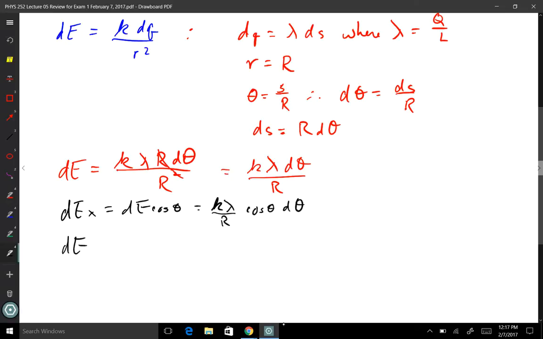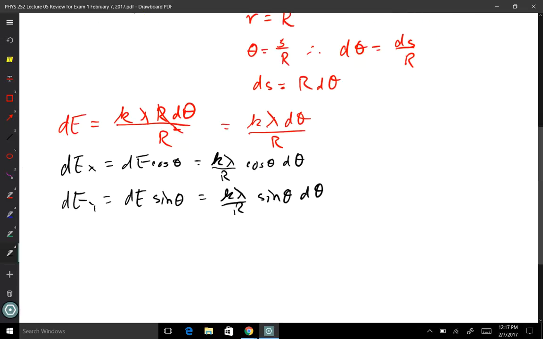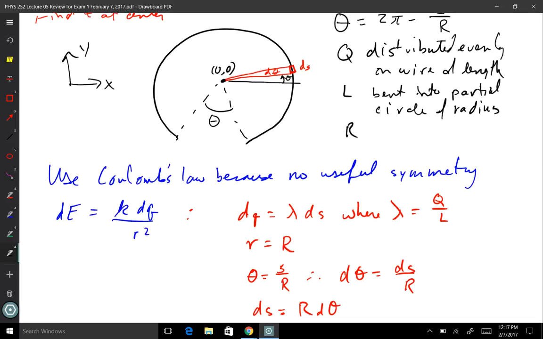And what about dEy? Sine theta. Now, the symmetry argument, which will save us about 10 seconds. I chose this to be symmetric, so I have the same amount missing on both sides.